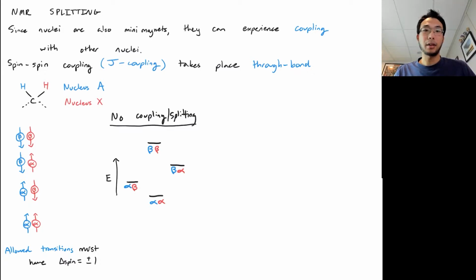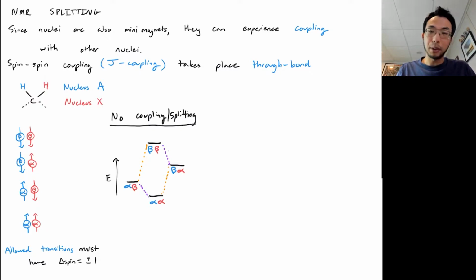There are what are called forbidden and allowed transitions based on what are called selection rules. At least in the context of NMR, we can only flip one spin at a time. Those are the only possible transitions between systems. We can't do a transition where both spins flip. Because of that, there's really only four possibilities that I'll outline here.